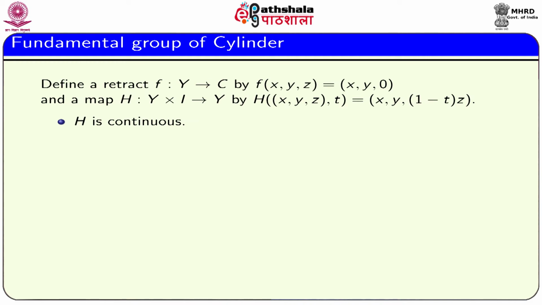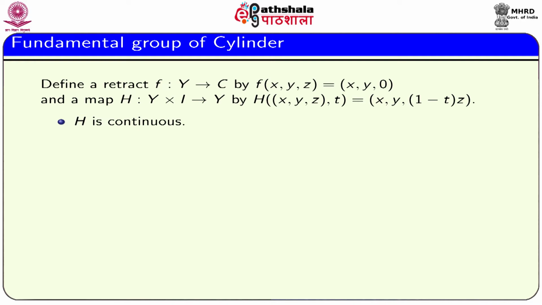Now we define a retract F from Y to C given by F of x, y, z equal to x, y, 0, and we define a map capital H from Y cross I to Y given by H of the triplet x, y, z, comma t, equal to the triplet x, y, (1 minus t) times z.